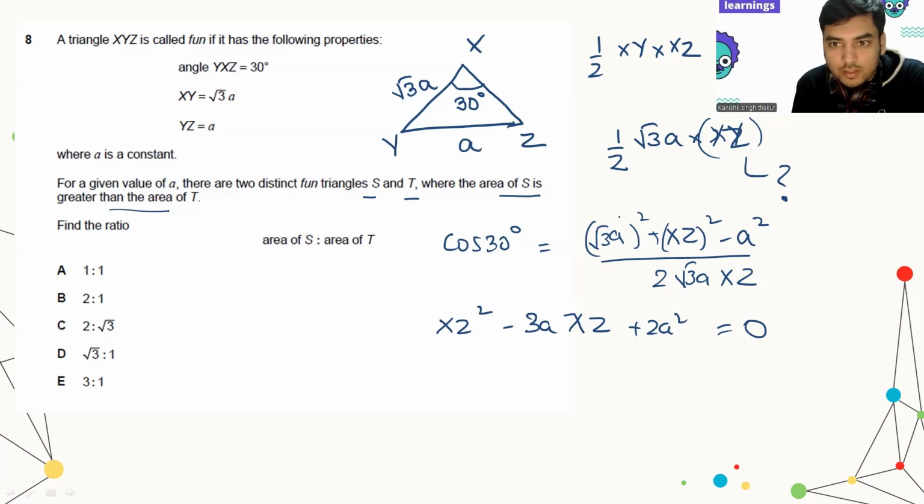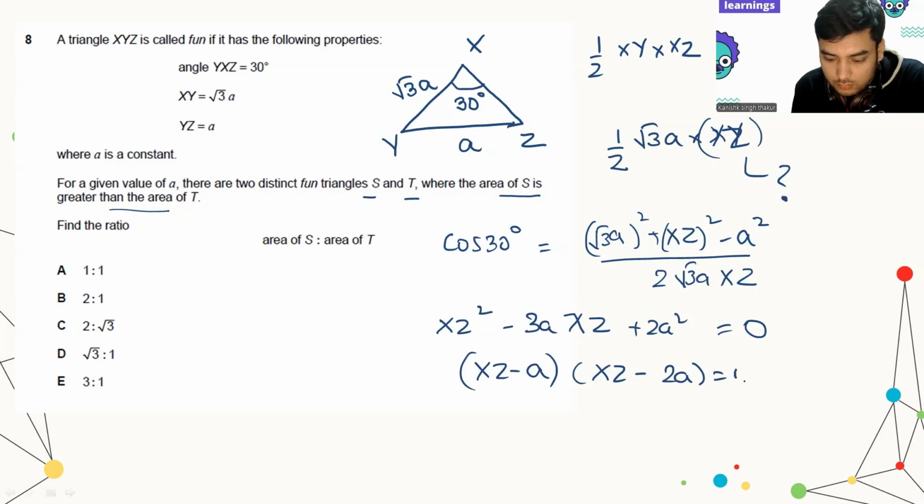So XZ you'll get here in terms of a. If you factorize this, you'll get XZ minus a or XZ minus 2a equals 0, isn't it? So XZ you'll get as a, and XZ you'll get as 2a, right?